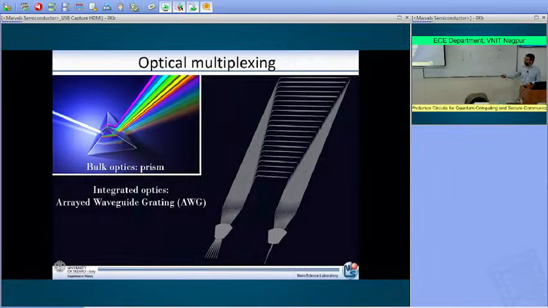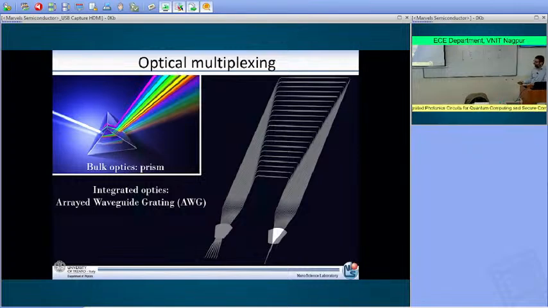In a prism, white light enters, and the light is refracted along different directions depending on its color. Here you have the same function implemented in an integrated circuit. How does it work? So we have the input waveguide where the white signal is coming.